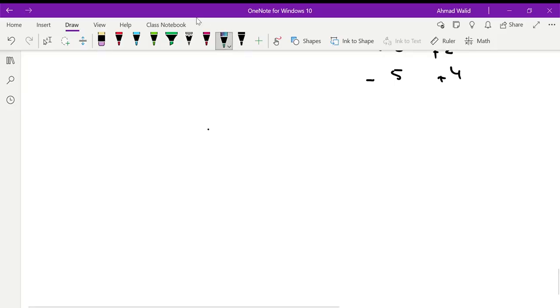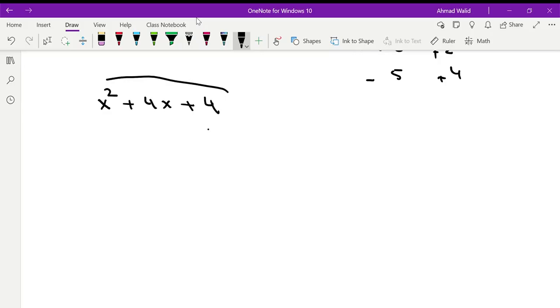The other factoring, we call it the perfect square trinomials. For example, if I have x squared plus 4x plus 4. Why do we call this type a perfect square trinomial?